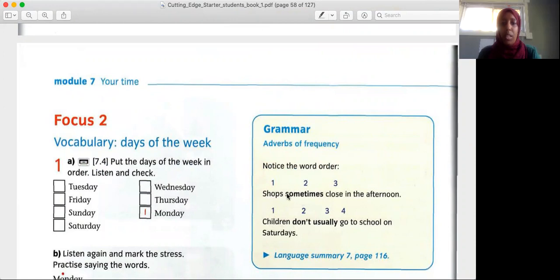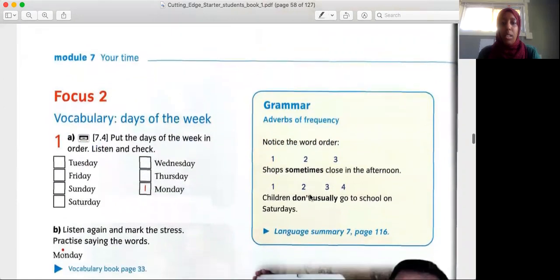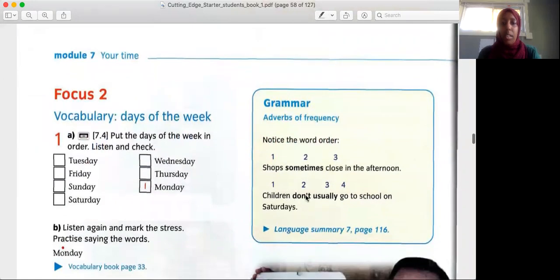And then they show you where the adverb of frequency goes, and where the negative goes with the adverb of frequency.